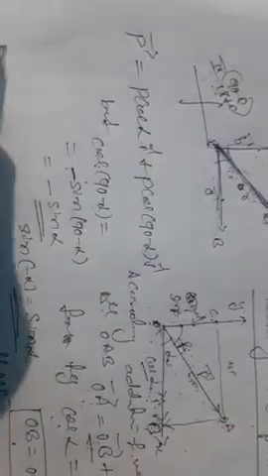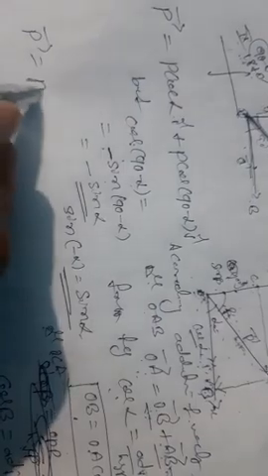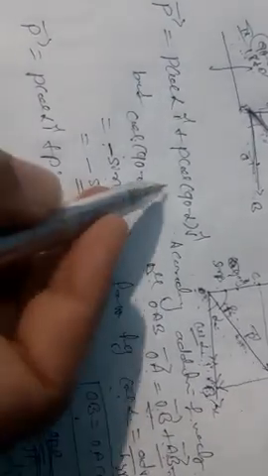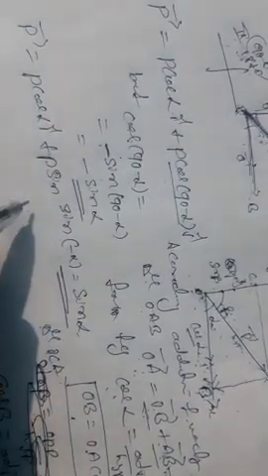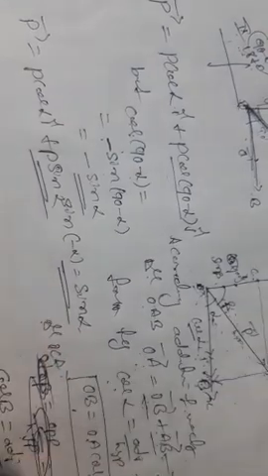Substitute the value. Vector P is equal to P cos alpha i cap plus P sine alpha j cap, since cos of 90 minus alpha is sine alpha. This equation is called the rectangular component equation.